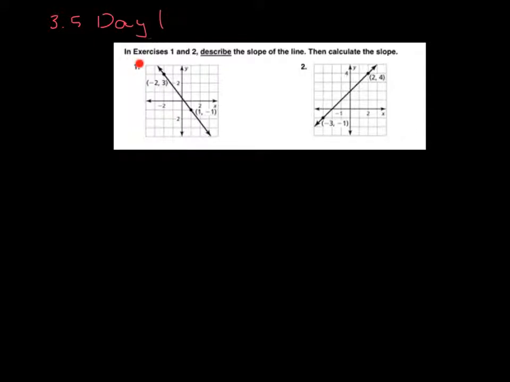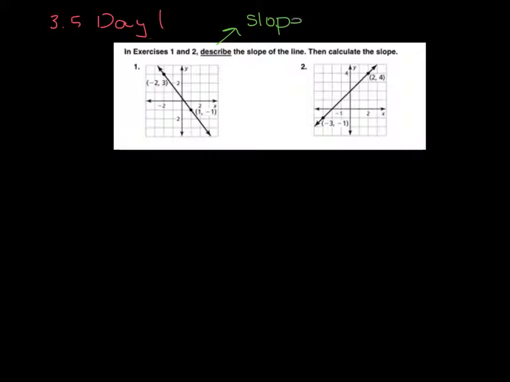Notice it says in exercises 1 and 2, describe the slope of the line. Remember, on day 1 we talked about how describe means to tell if it has a positive, negative, zero, or undefined slope. When we describe the slope, we're thinking about slope dude.